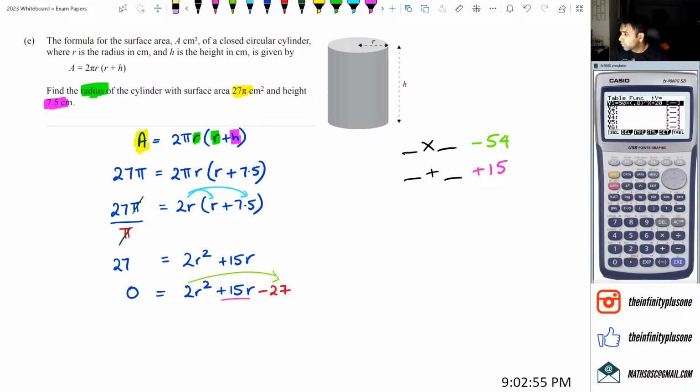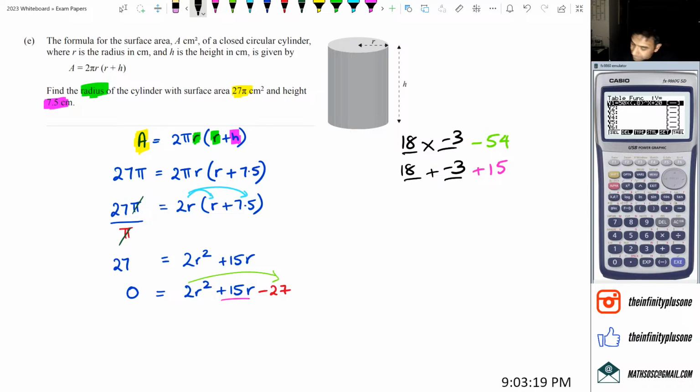What did I do wrong? Negative 9. No, 18 and 3, of course. Negative 18 and 3. There we go. Positive 18, negative 3.